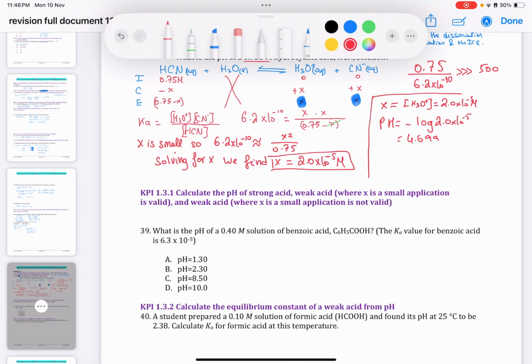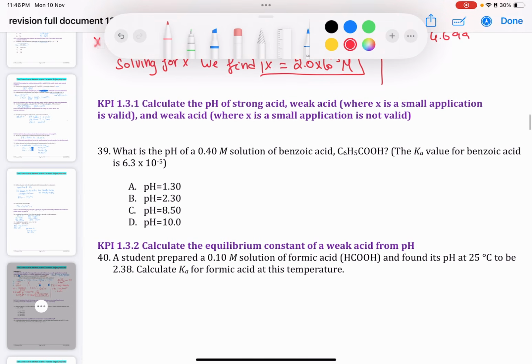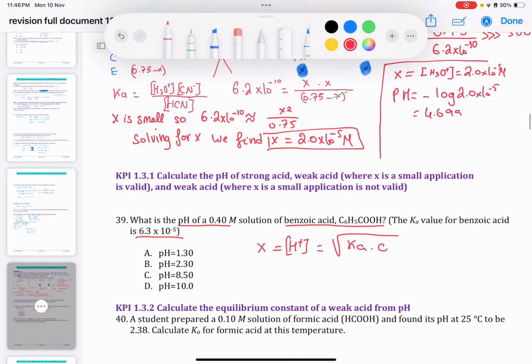Now let's continue. When you get this question as a multiple choice question, you don't have to do the ICE table. There is a fast way to calculate the pH. Here they want the pH of a given concentration of a weak acid, benzoic acid, and we have the Ka. So x, which is H plus, is equal to the square root of Ka times the original concentration.